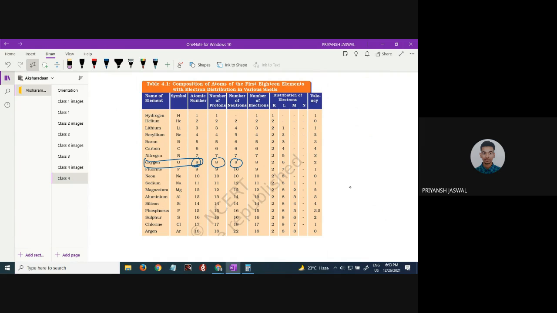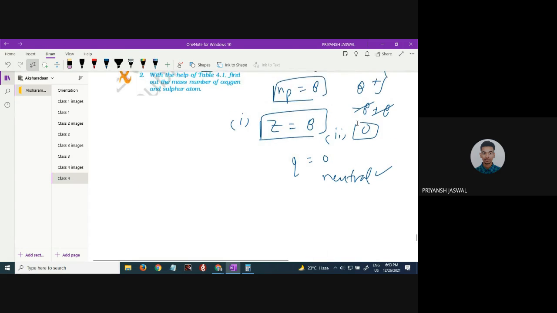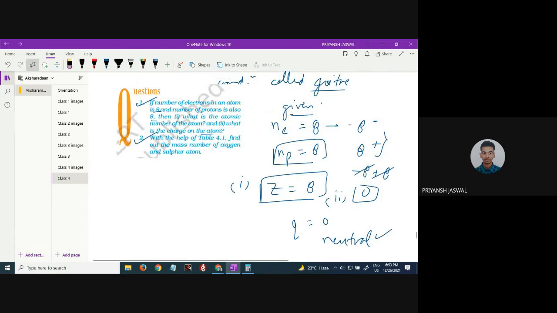This is the atomic number. So its mass number will be 16, 8 plus 8 equal to 16. For sulfur, it has 16 protons and 16 neutrons, so its mass number will be 32. Mass number is equal to the number of protons plus the number of neutrons.